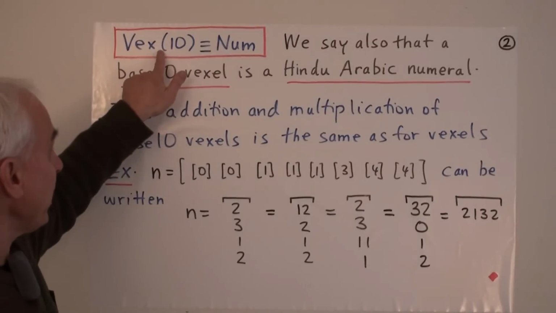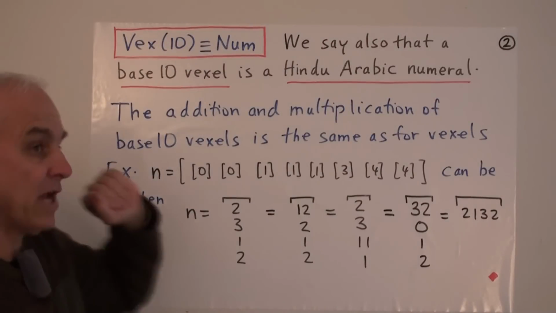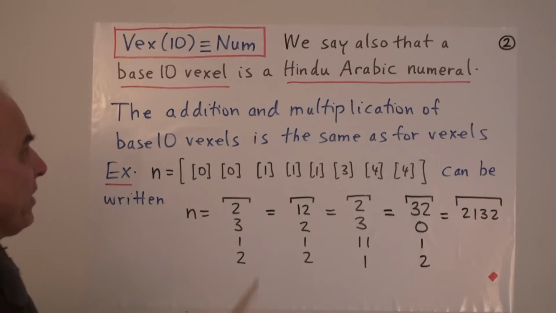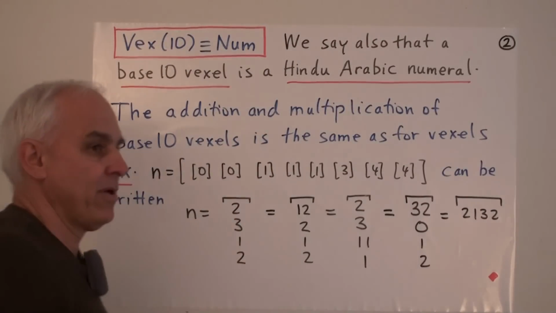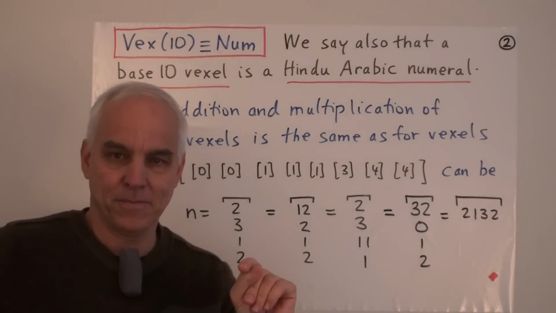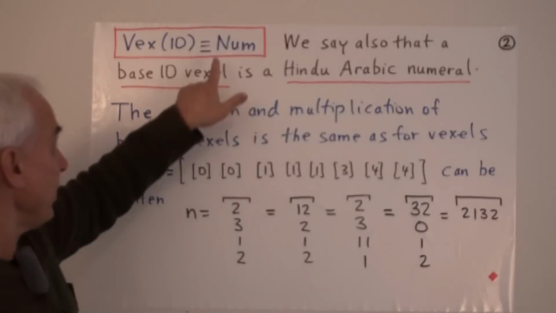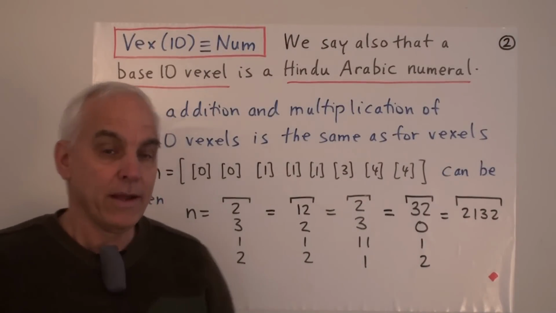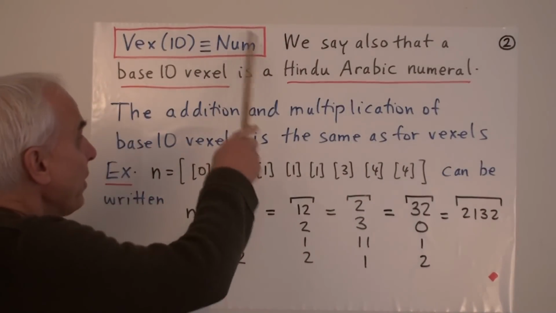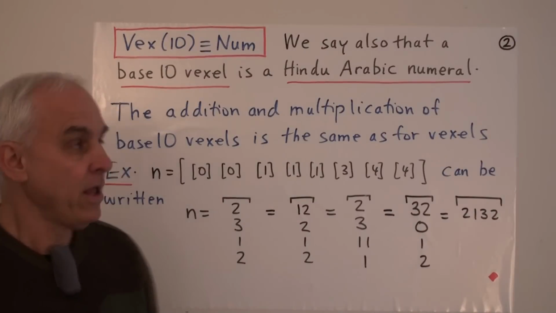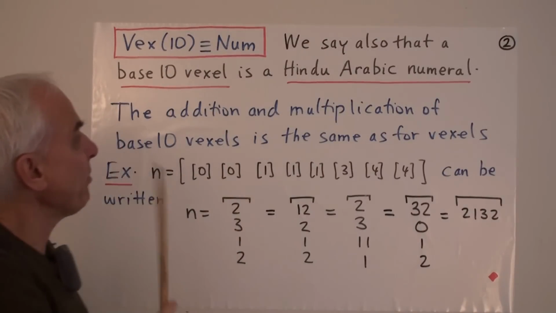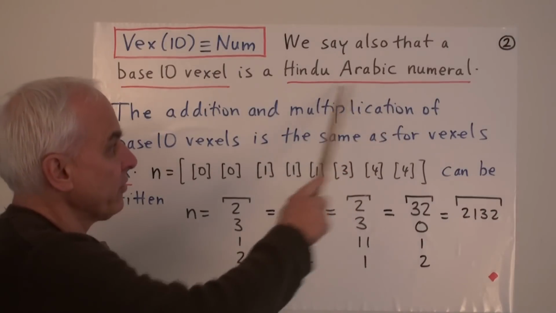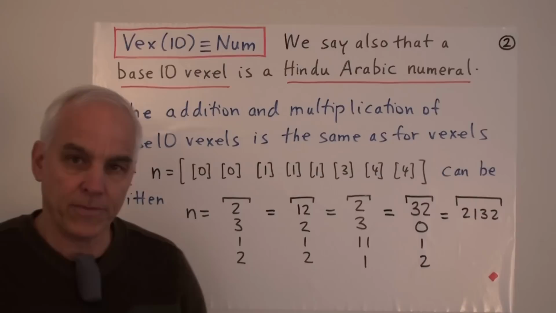And we're going to agree that this particular type of vexil will have an alternate name for its type, just num. So we're actually going back to the notation that we started this series off a long time ago. We had num, but now we're introducing it in a somewhat different way. So now num really does represent a Hindu Arabic numeral. We'll refer to them as Hindu Arabic numerals.